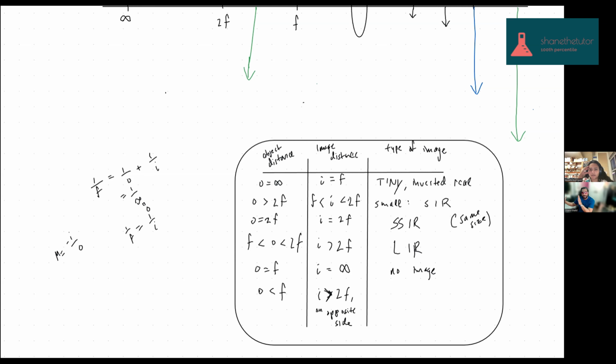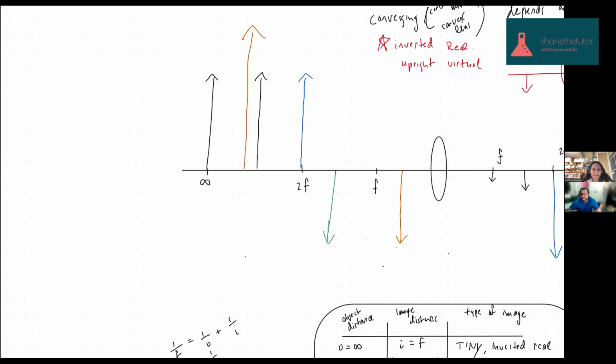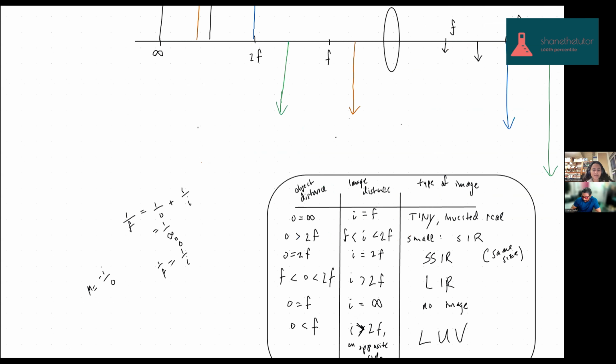I'll use orange for that. So let's say we had our object here. It will then produce a larger upright virtual image at a point greater than 2f on the left side now. So something like that. Okay, right?